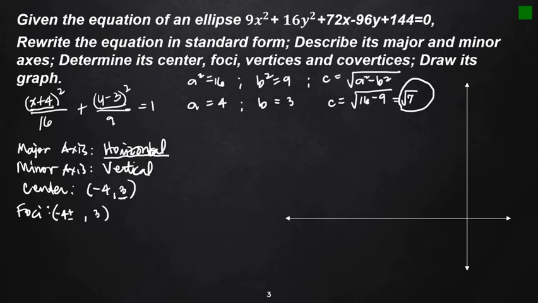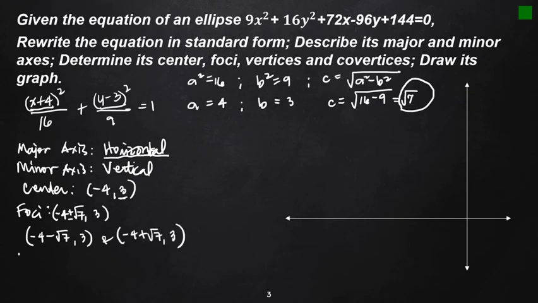So it's going to be negative 4 plus minus square root of 7. That would tell us that our foci is located at -4 minus square root of 7, 3, and at -4 plus square root of 7, 3.